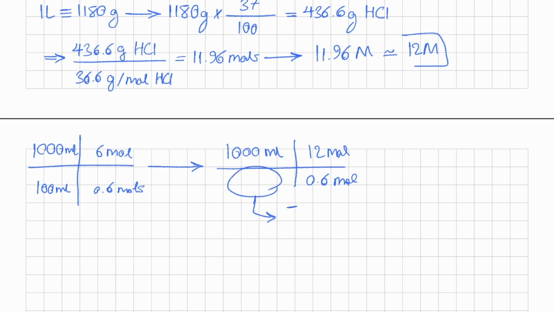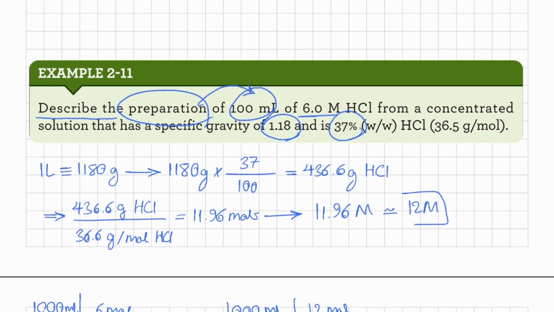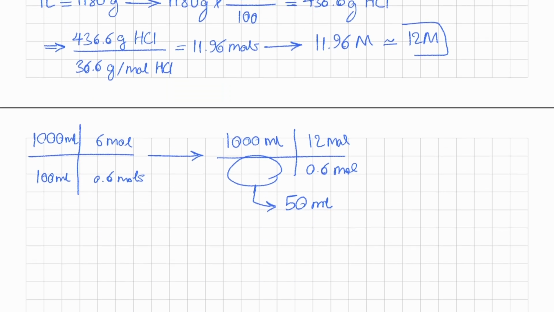The answer would be 50 milliliters of our unknown solution. So to answer this question, describing the preparation, we can say dilute 50 milliliters of the solution to 100 milliliters. That's it. Let's go to the next step.